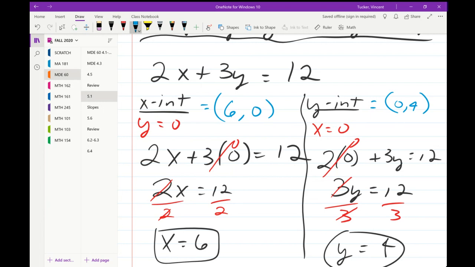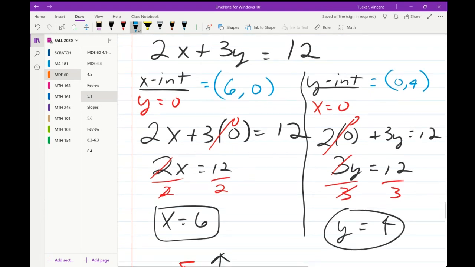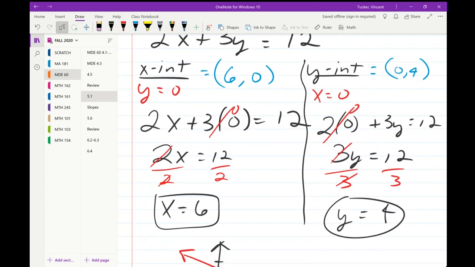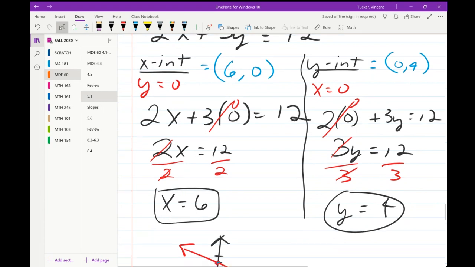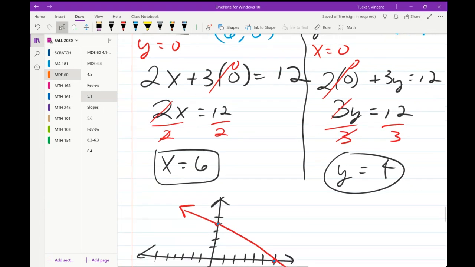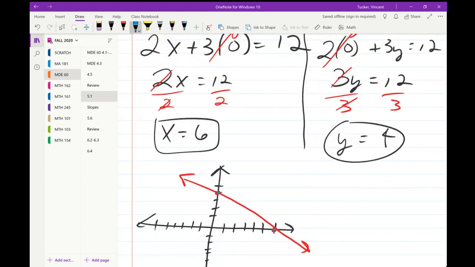All right, questions before we use that information to graph? All right, so you go to the graph, your ordered pair 6, 0, you go to the right 6, nowhere for y.